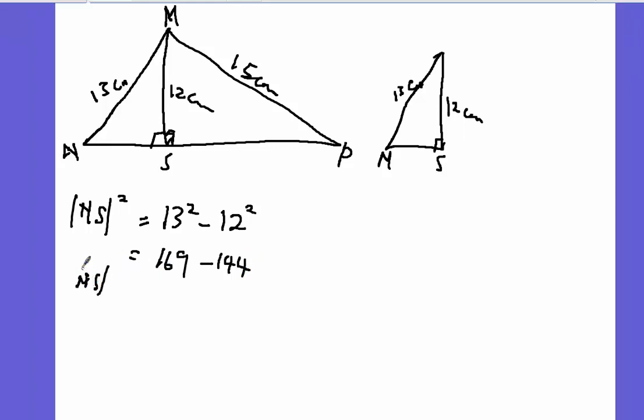NS squared is equal to 25. Remember, we are not looking for NS squared, but rather we are looking for NS. Therefore, square root of NS squared is equal to the square root of 25.